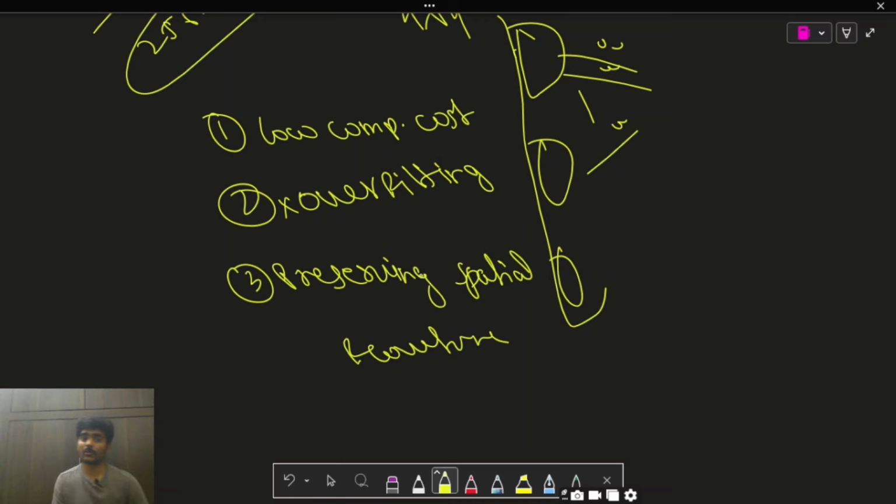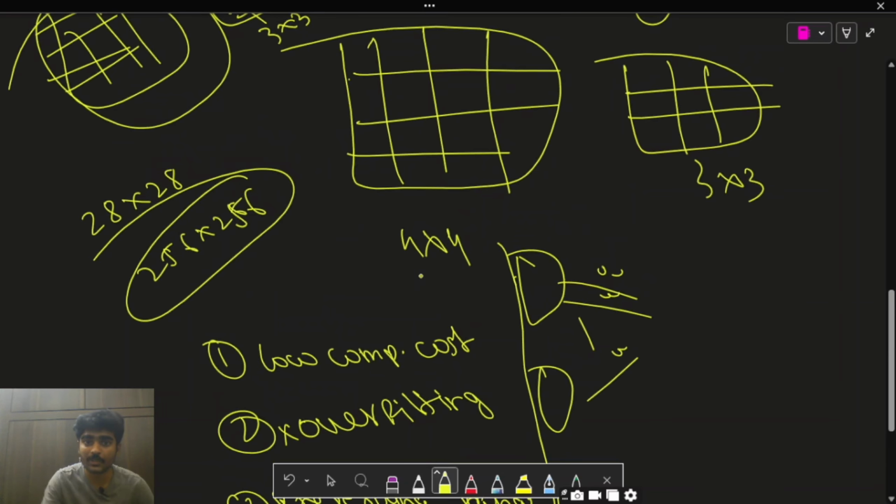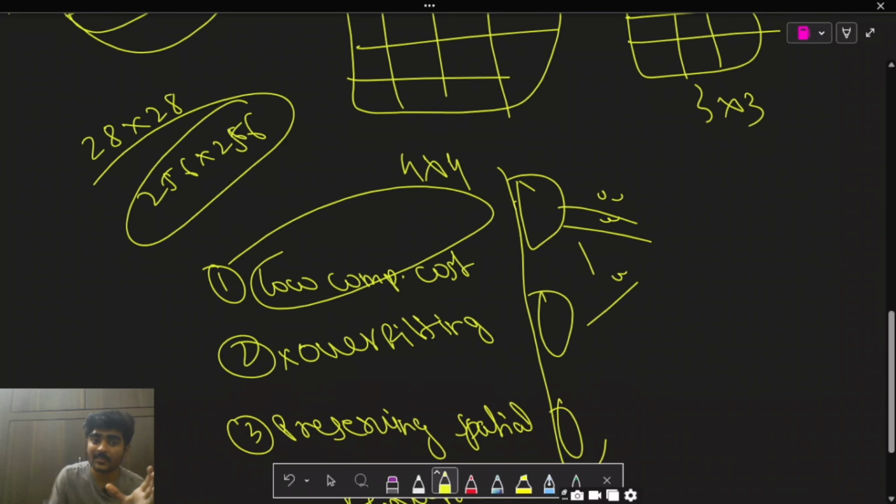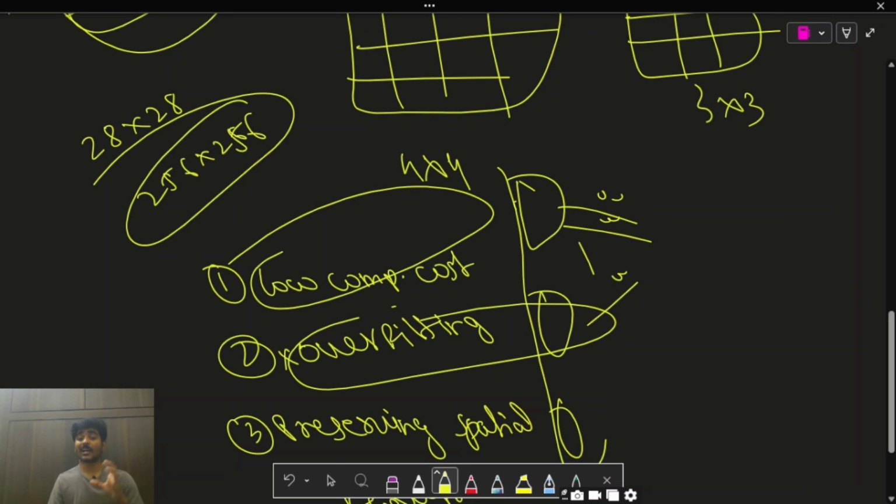You might already understand why low computational cost: because the total number of trainable parameters remains unchanged, a fixed number. Second is no overfitting because the total number of trainable parameters is limited. Whereas in artificial neural networks, as the input increases, the total number of trainable parameters increases a lot.